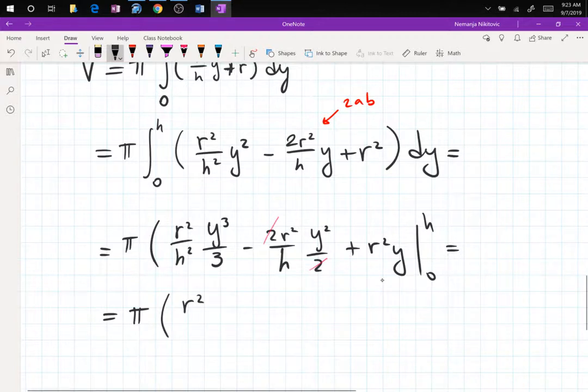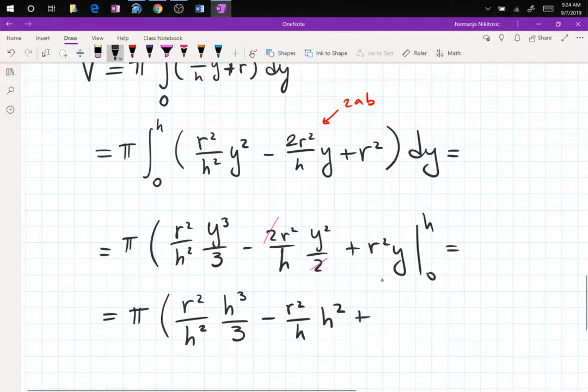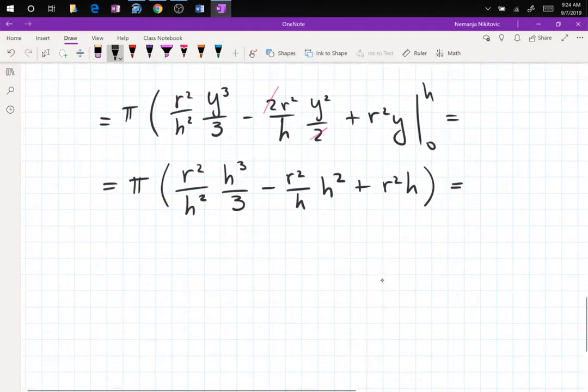So we have r squared over h squared, h cubed over 3, minus r squared over h, and here's your h squared now because it's your y squared, plus r squared h, minus 0, 0, 0, no one cares, right?